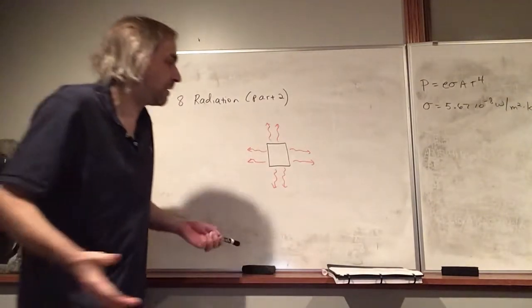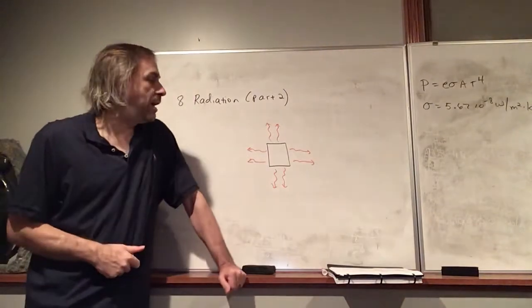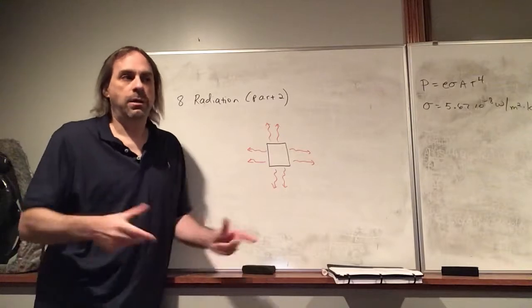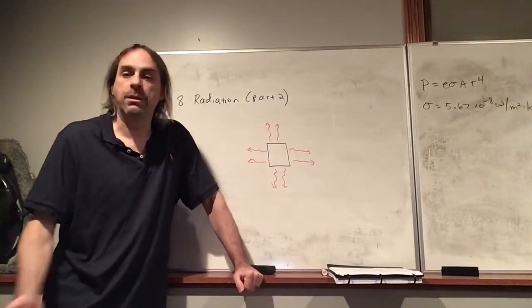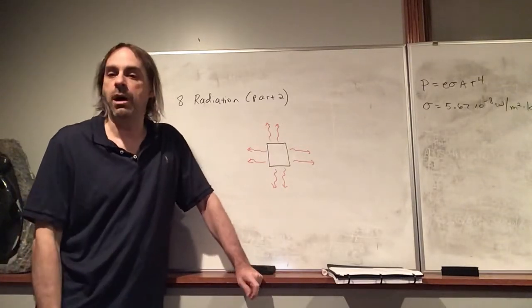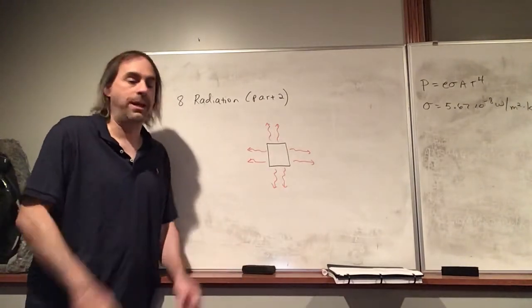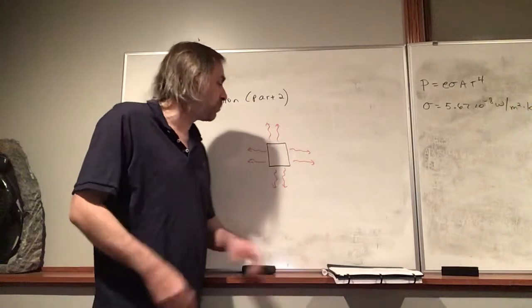But of course, that doesn't happen. If you have, say, a glass of water and you set it down, it's radiating energy away constantly, so why isn't it cooling off? And the answer, of course, is that it's absorbing energy from the environment as well.